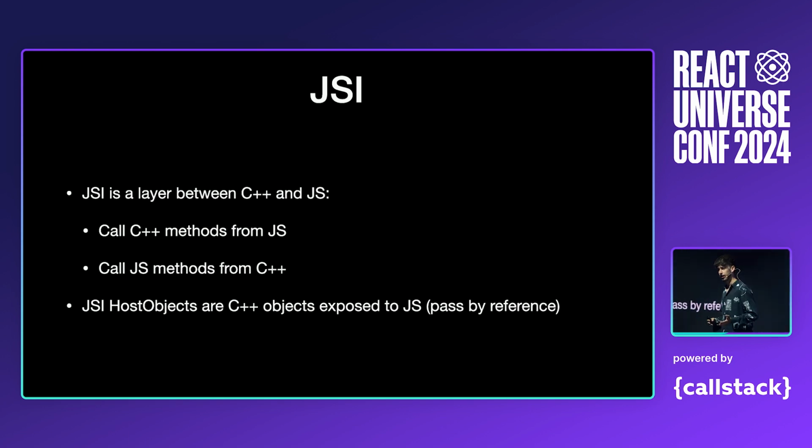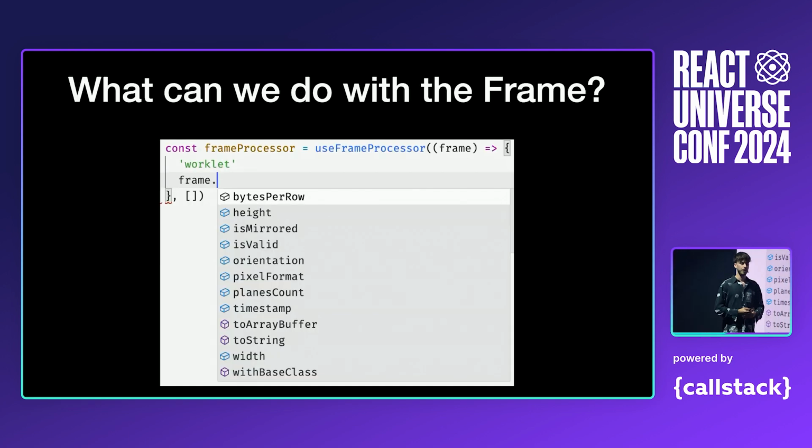They're kind of like a JavaScript proxy, but they're implemented in C++. So you can actually have a native instance, a C++ instance, exposed to JavaScript. I'm not going too much into detail here because there are a lot of talks that cover JSI. But yeah, just for a basic understanding.